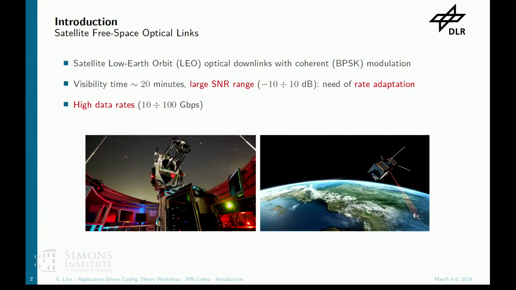And over this pass, the satellites typically experience, in terms of link budget, a variation of around 20 dB of signal-to-noise ratio. So you go from very low SNRs to something around 10 dB. So this brings in the need of rate adaptation, which is a key problem in our design. Also here, very high data rates, very high for our domain. In optical fiber systems, it is of course something much more common.